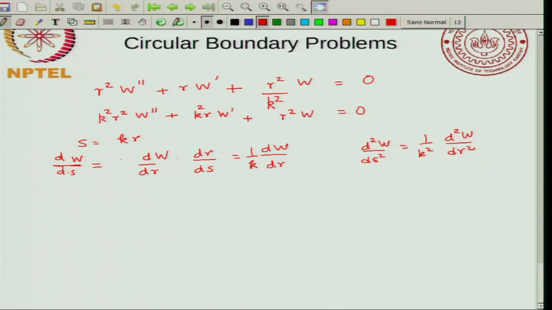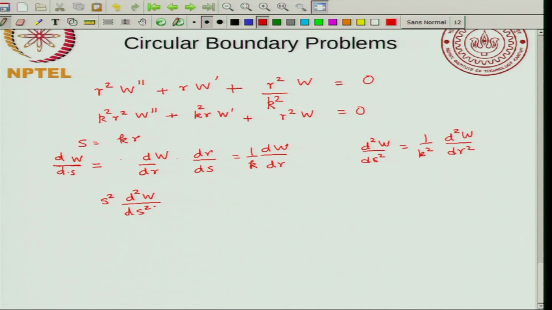Okay. So, when you do this, you rearrange everything, you will get an equation that looks like s square d square w by ds square plus s dw by ds.